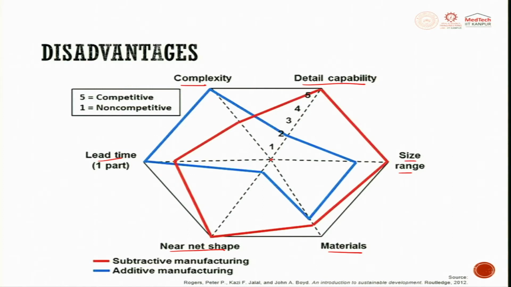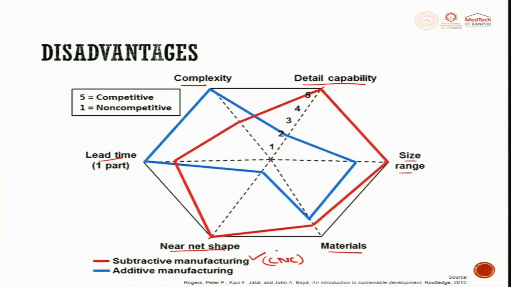That means the more any of these factors, complexity, capability, size range, is towards the edges of this hexagonal web, the more competitive, that is, the better it is. Now size range is available in subtractive manufacturing, which I have generally put here as CNC manufacturing. For subtractive manufacturing, detail capability is also there, and near net shape is also produced using CNC manufacturing, which we have been using for decades.